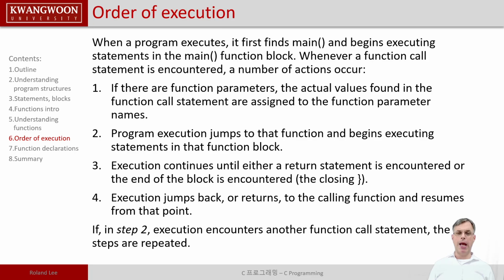Number 4: execution jumps back, or returns, to the calling function and resumes from that point. Now if in step 2, the program execution jumps to that function and begins executing statements in that function, and execution encounters another function call statement, the steps are repeated.